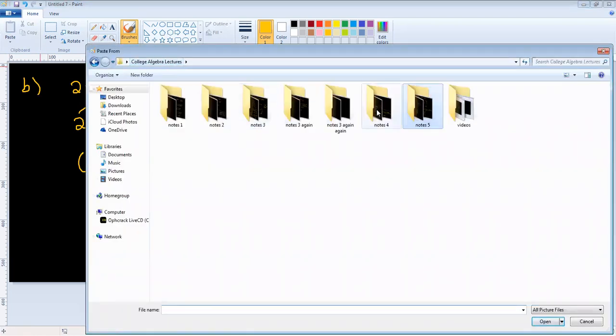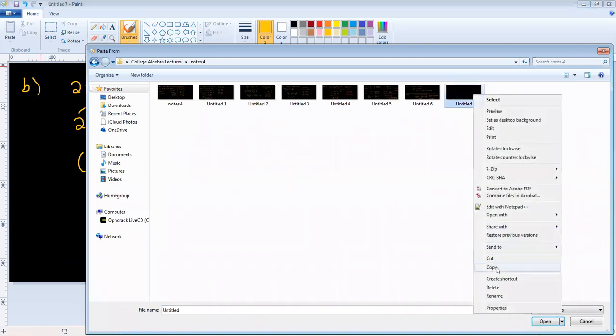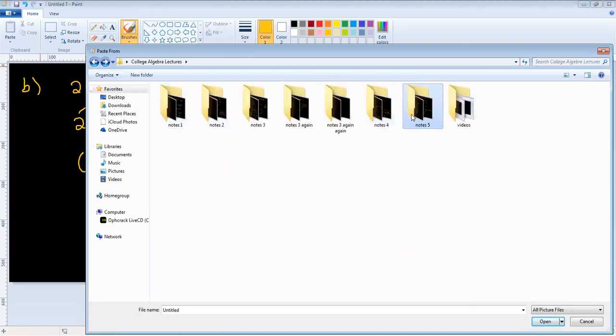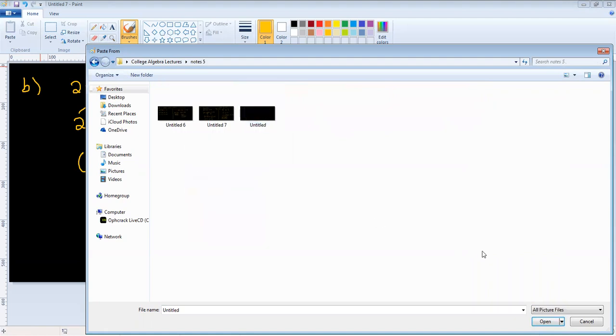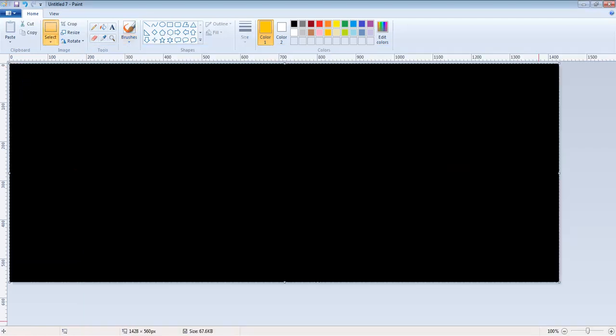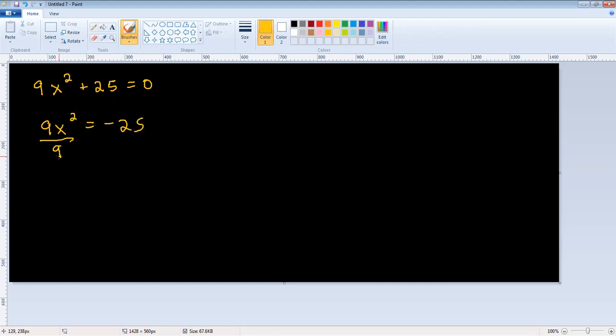So let me see if I can copy this and paste it over here. Okay, now what about this example? We have 9x squared plus 25, and this equals 0. How do we do this? Well, let's move the 25 over. Let's divide by 9.